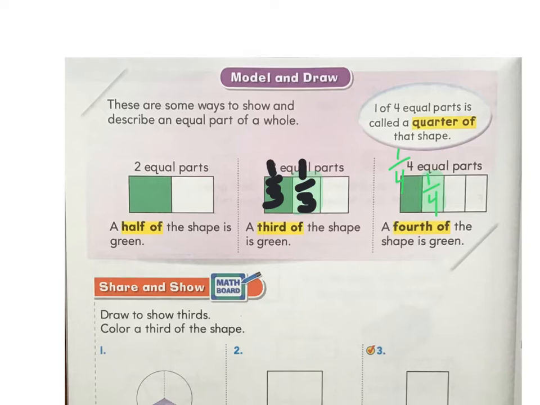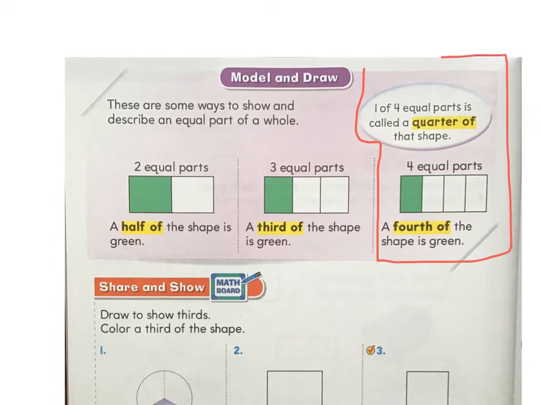And if I were to color in another one, that would be another fourth. And I would say I have 3/4. 3 of the 4 have been colored in. And when we're talking about fourths, we can also call one of the pieces a quarter.